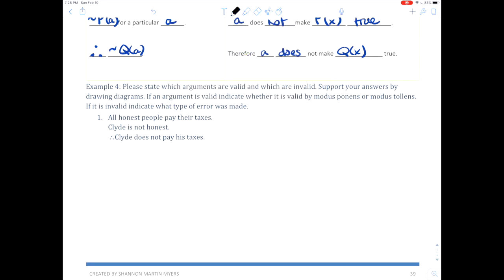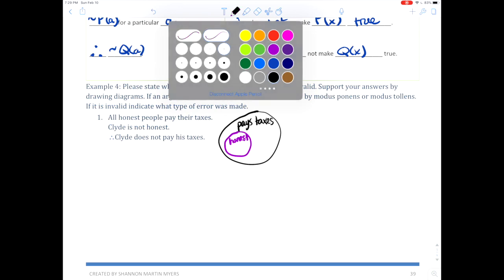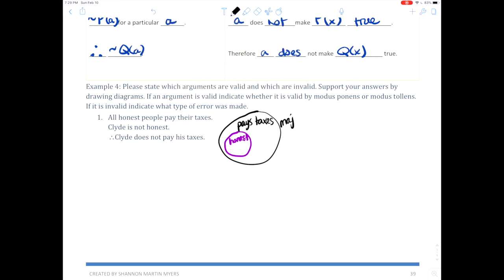So our outside circle would be pays taxes. Inside circle would be honest. And this one is which premise? Good, our major premise.